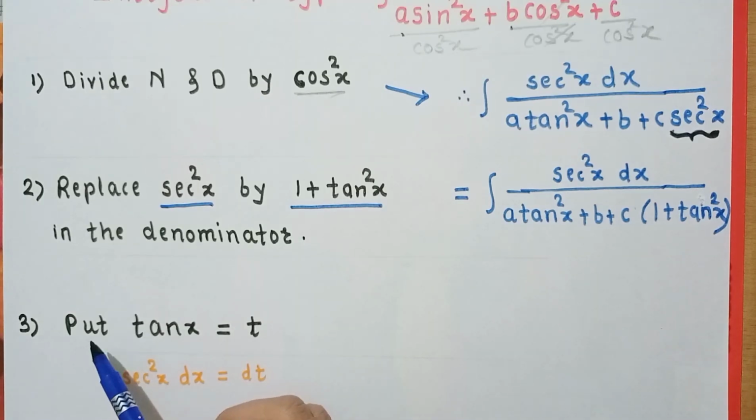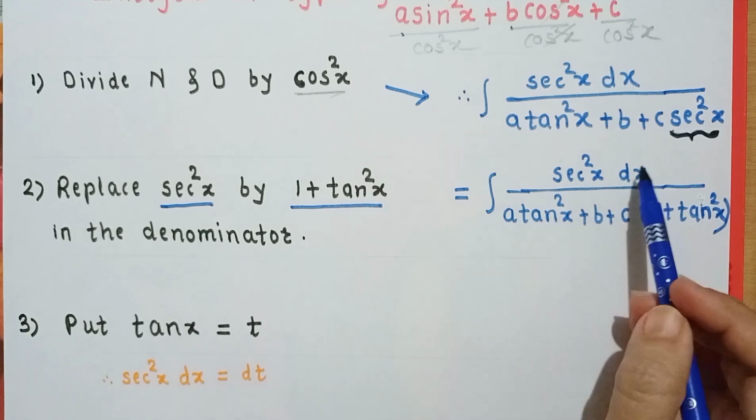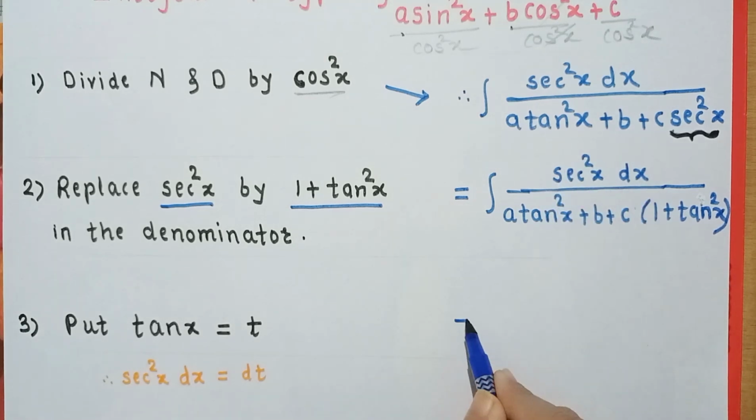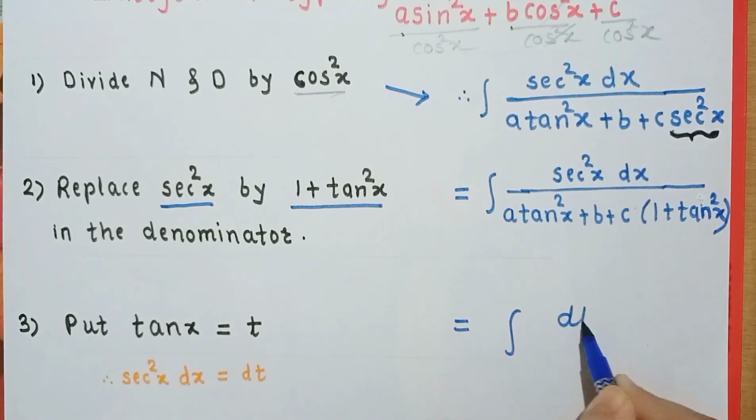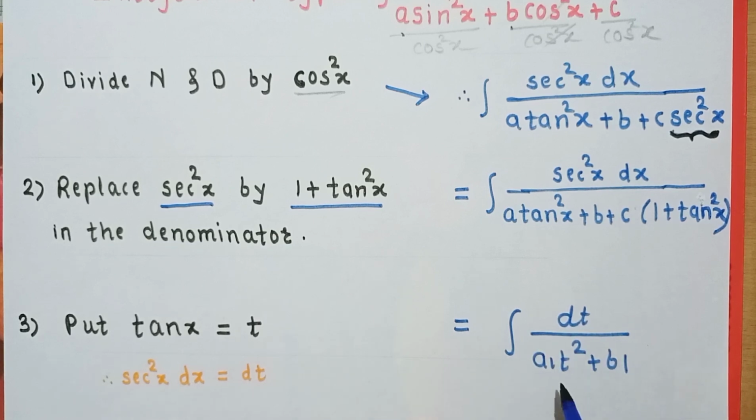The third step is to put tan x equal to t, and so we have sec square x dx equal to dt. So the numerator will become dt, and the denominator will be in the form a1 t square plus b1. You can understand a1 and b1 are constants, so they may be plus or minus. Then you have to use the seven integral formulas, and solve by the regular way.